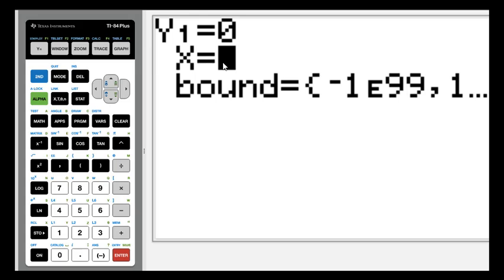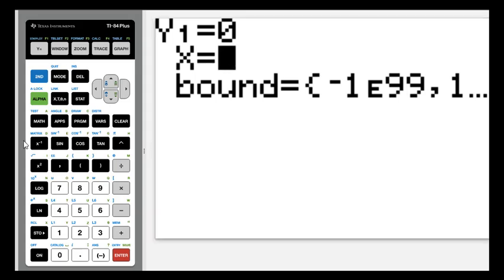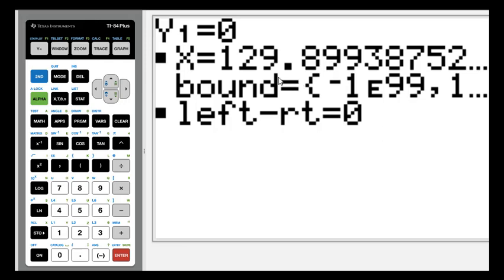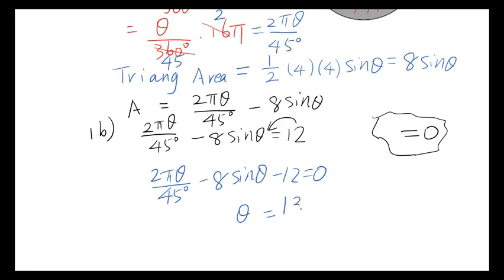For x equals, you can put in any number you like, your favorite number. For example, my favorite number is 7. Then I do alpha, enter, that's solve. The answer will be 130 degrees.